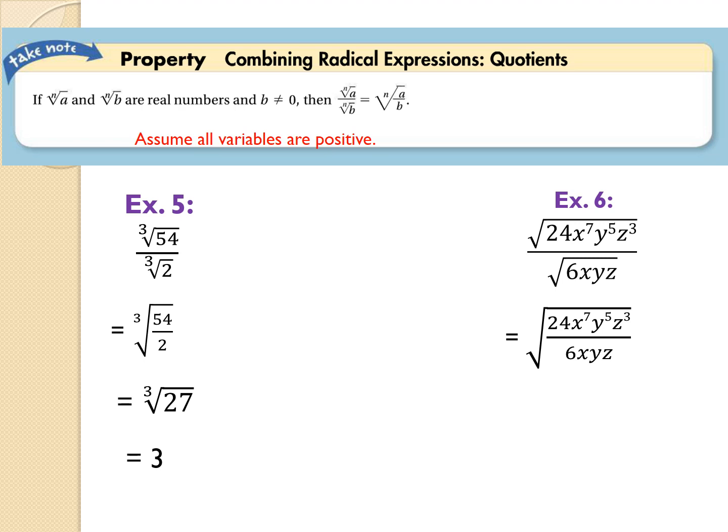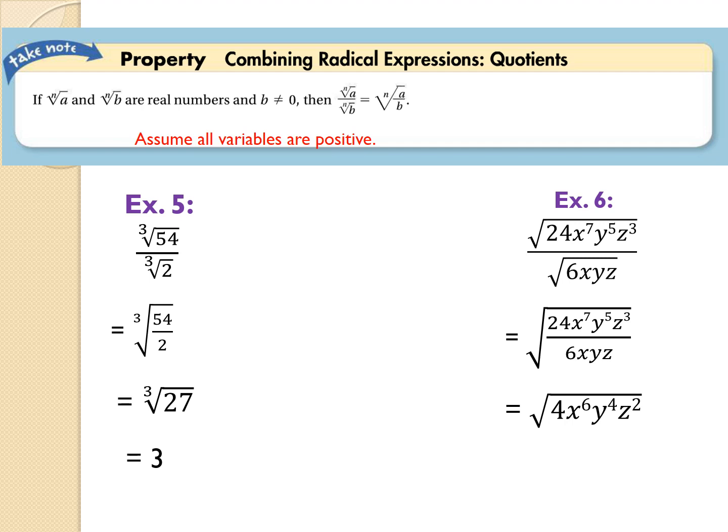That x on the bottom will divide, and then we subtract the exponents and make that x to the 6th. Same with the y, which becomes y to the 4th, because y to the 5th over y is y to the 4th, and z cubed over z becomes z squared. So by combining this, we were able to simplify the inside and also get rid of the denominator.